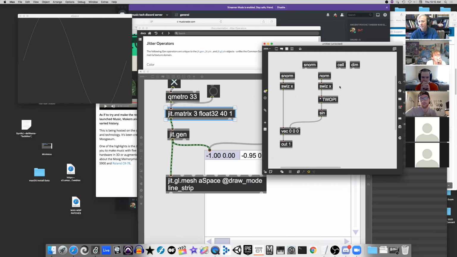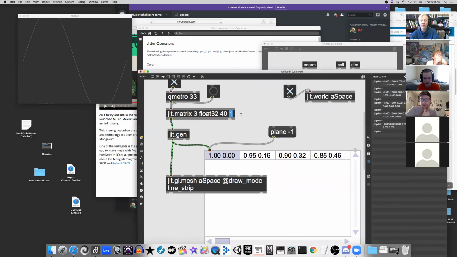It's zeros. So what's coming in is a matrix, right? And then this S norm and norm inform x and y. So here, if I swizzled out y, it would actually be -1 all the time, because there's only one row. And that's not useful to me either. It's just a constant number. I would rather have numbers that move from 0 to 1, right?